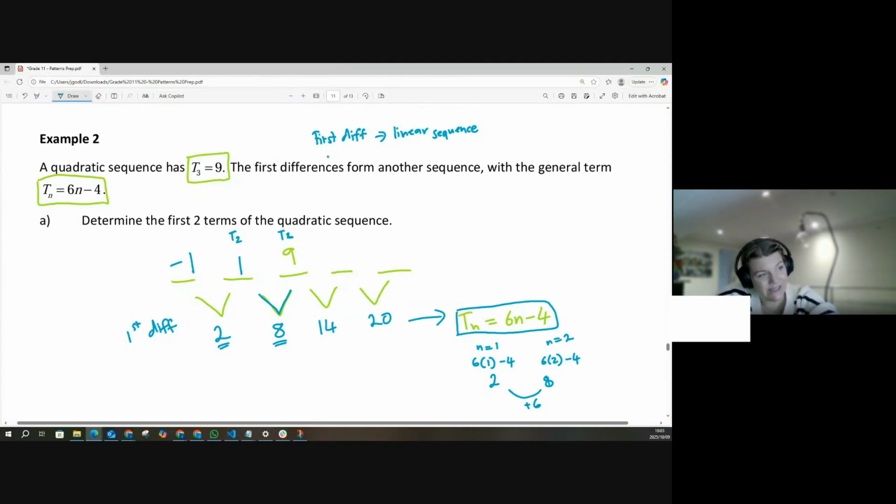So the linear sequence is telling you the different terms of your first differences. And we can always just work that out by making n 1, n 2, n 3, whatever we need. And then our second difference is always going to be that constant difference. So in this case, it's going to be 6. So the first two terms of the quadratic sequence, term 1 is -1, term 2 is 1. Quite a cool question, though.